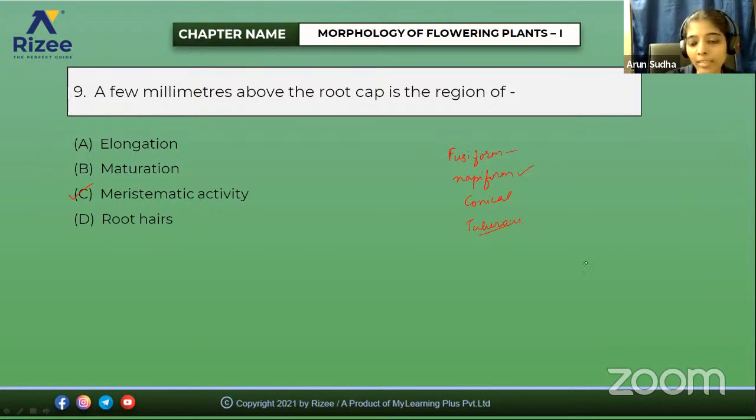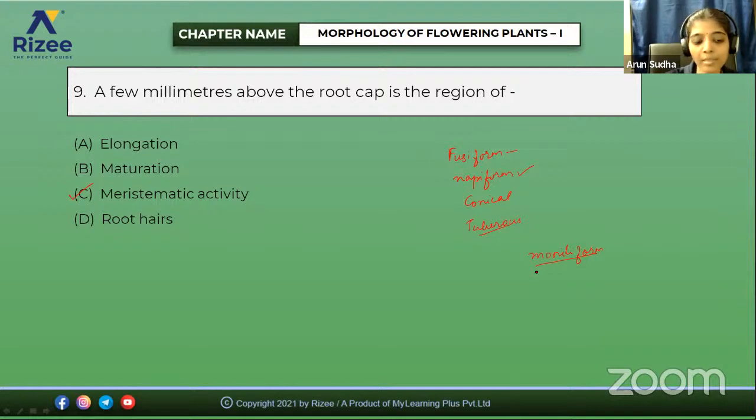It is moniliform. What is the difference between fasciculated and moniliform? Fasciculated roots will be swollen throughout, but here they asked about swelling at regular intervals. So regular intervals means beaded or moniliform roots. So the correct option is moniliform. Okay, is it clear?